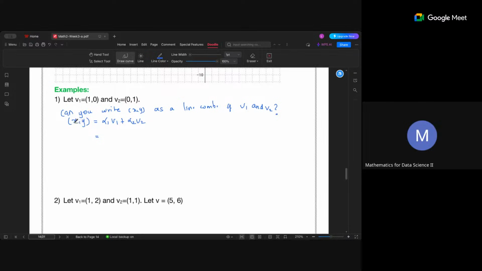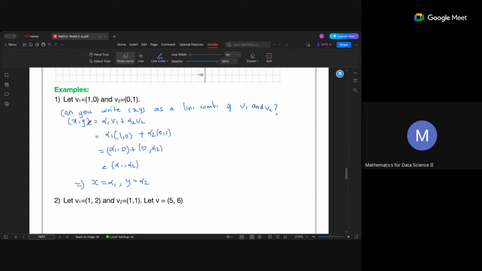Let's say your first coordinate is x, second coordinate is y. So you see that this is alpha 1 times (1, 0) and this is alpha 2 times (0, 1). So this is (alpha 1, 0) plus (0, alpha 2), which is (alpha 1, alpha 2). Equating the components on the LHS and RHS, x is equal to alpha 1 and y is equal to alpha 2.